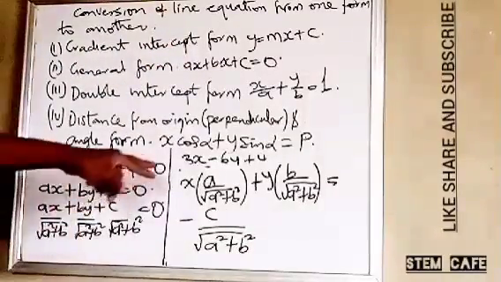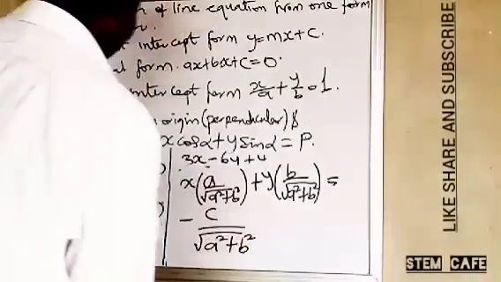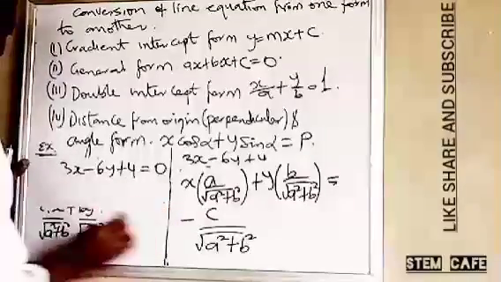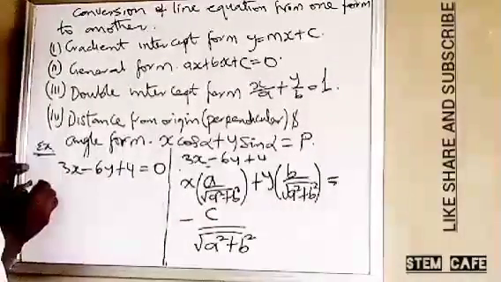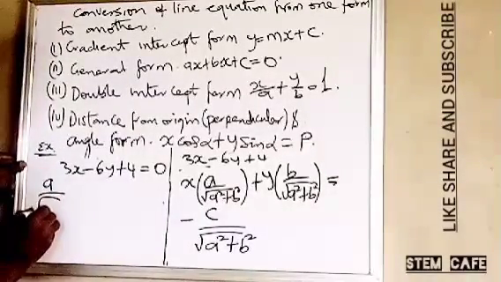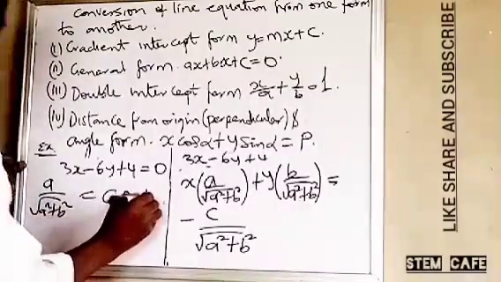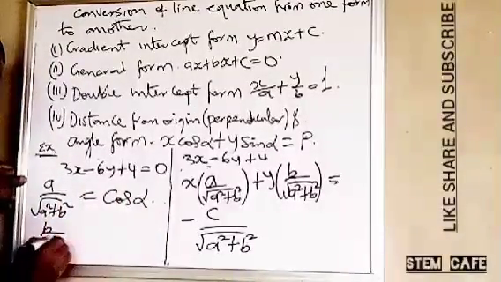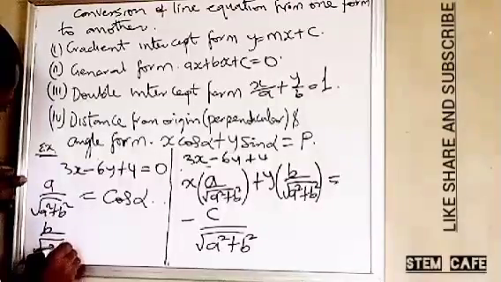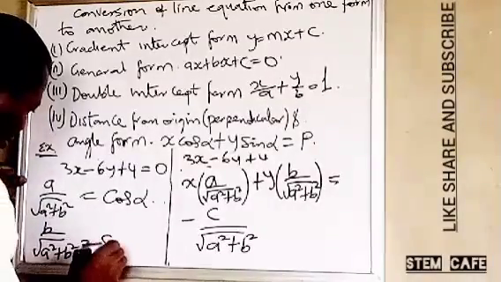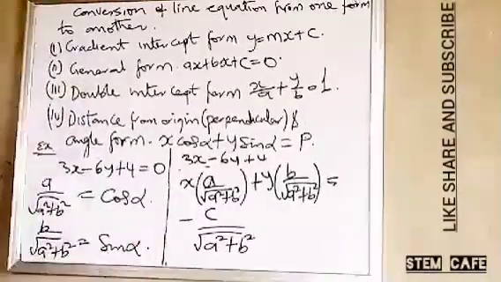Now, here we can see that a over root of a square plus b square is cos alpha. b over root of a square plus b square is equal to sin alpha.